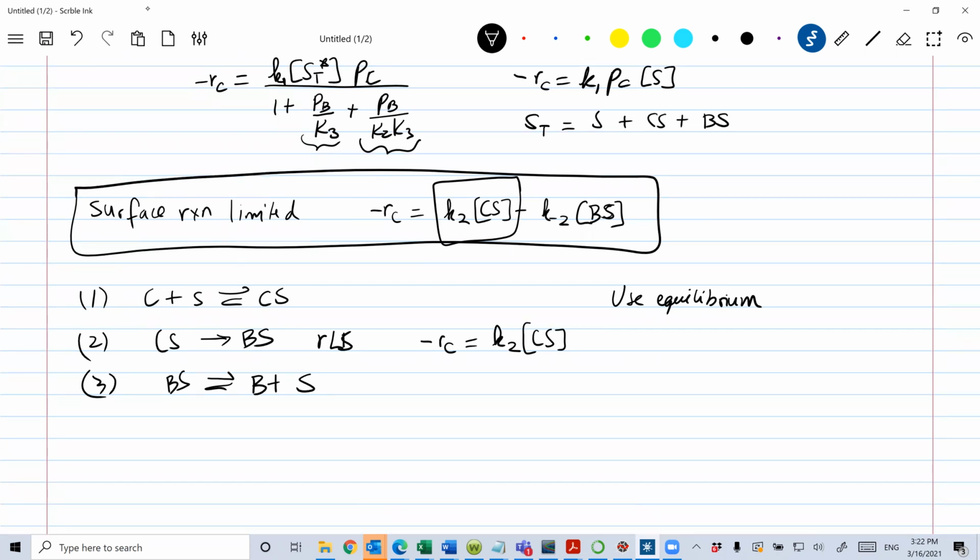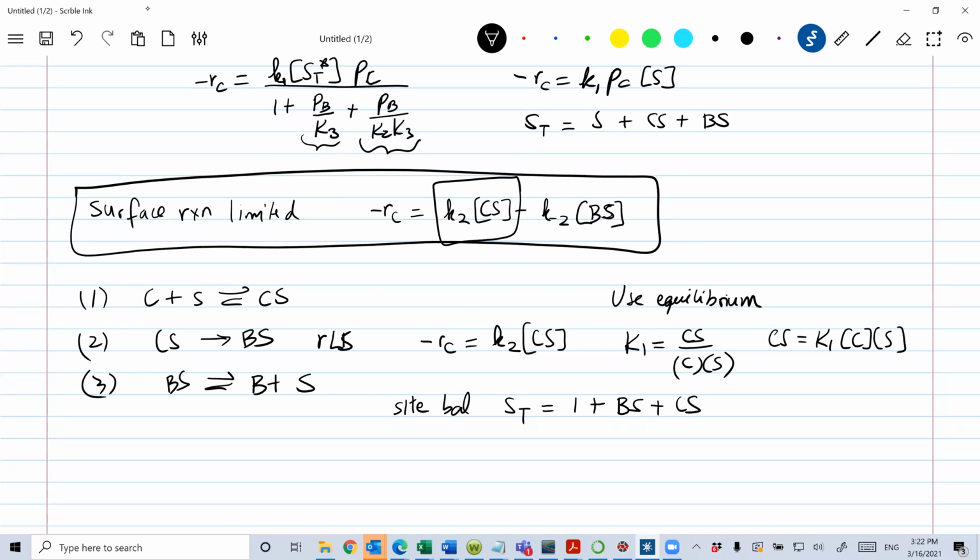Because if they have the same rate, then there's more than one rate limiting step. If the first reaction is slower, the first reaction becomes rate limiting. So you can sort of see how it goes back and forth. So you can calculate K1, which is CS over C times S. And then you can solve for CS. So CS is K1 C S. You can do a site balance, which once again will be 1 plus BS plus CS. You can plug everything in.